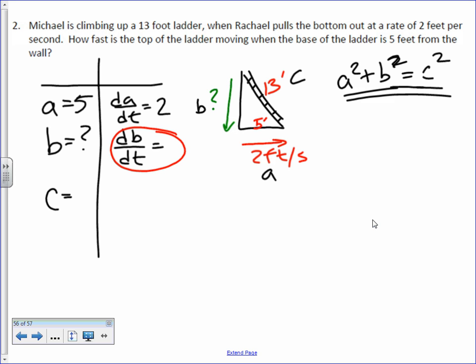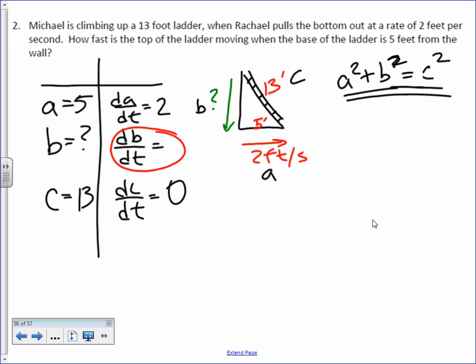C is the length of the ladder, that's 13 feet. Now dC dt stands for how quickly is the length of the ladder changing over time. So think about it. How quickly is the length of that ladder changing over time? If you came up with 0, fantastic, because that ladder is not changing.